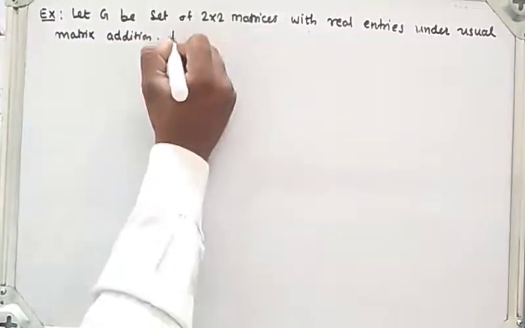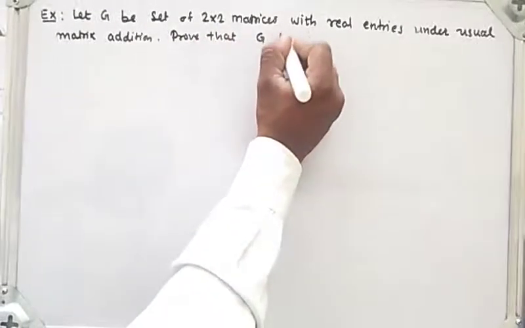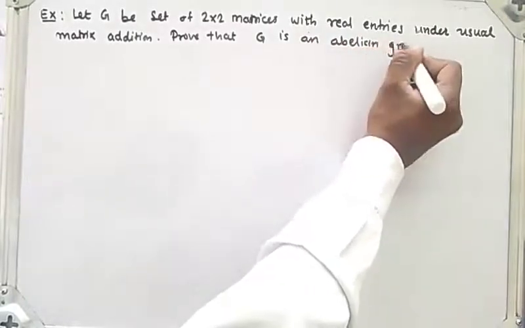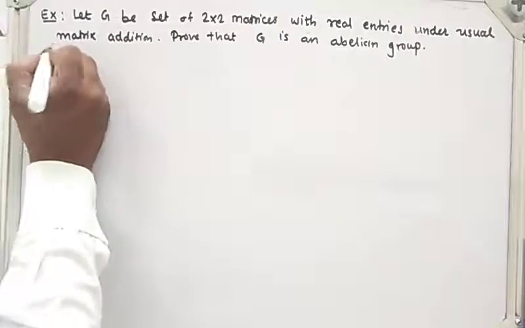Now prove that G is an abelian group. To prove G is an abelian group means first prove the three properties of a group, which are associativity, existence of identity, existence of inverse, and then prove that it is abelian. That means if I take any two matrices A and B, then A plus B is the same as B plus A, and then it is an abelian group. So let's prove this.